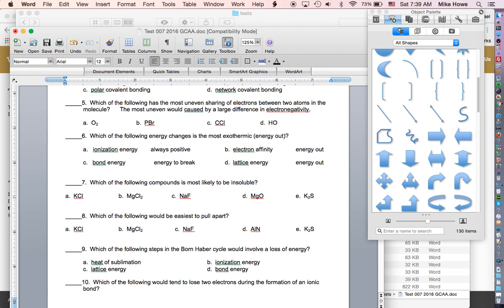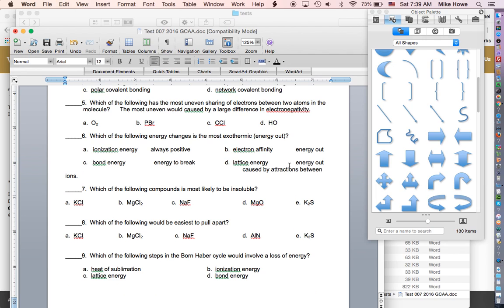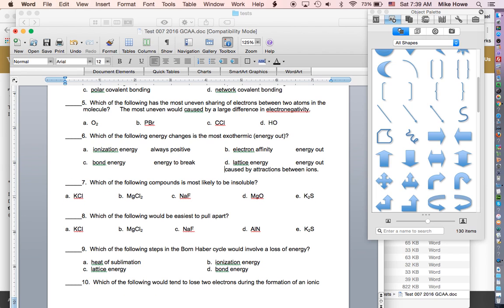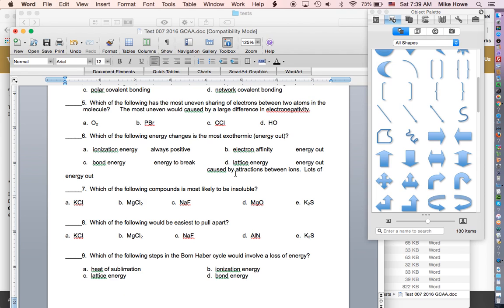But the biggest energy out is the lattice energy, and that's caused by attractions between ions. All right, so that's lots of energy out. The answer then, of course, would be lattice energy.